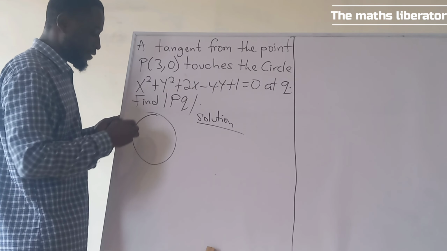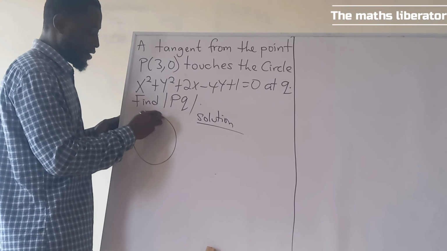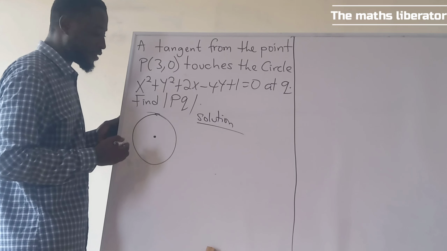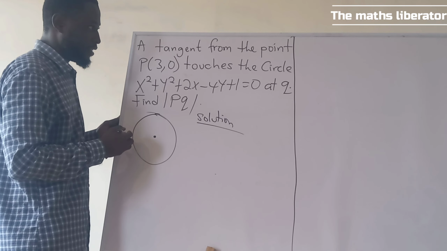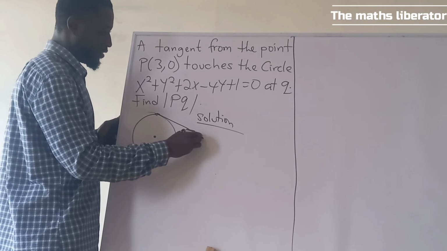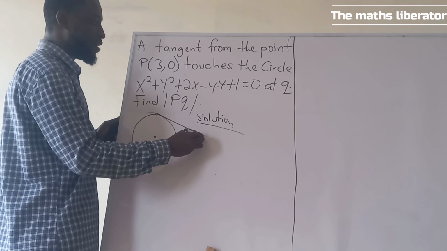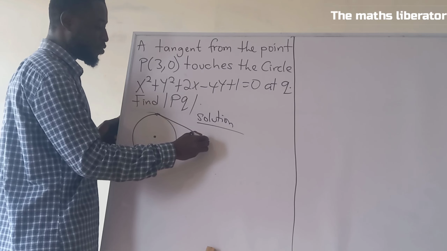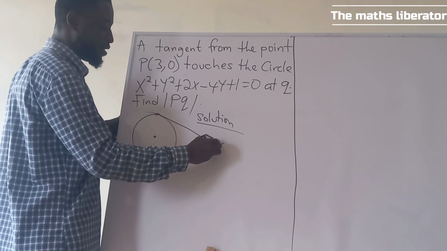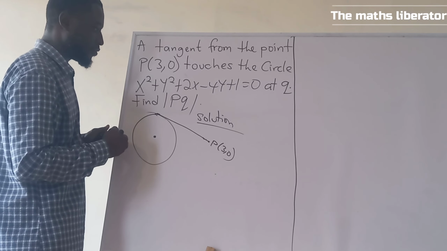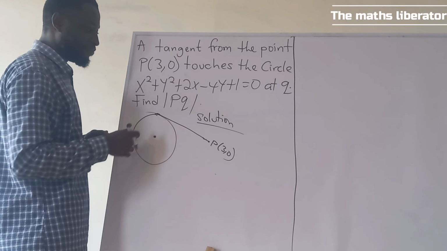Assuming this is your circle, and all circles have a center. And this is your tangent, coming from a point which is (3, 0), P. In this equation.